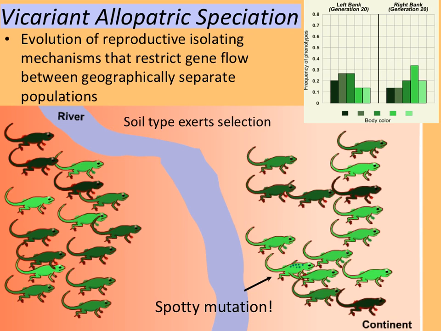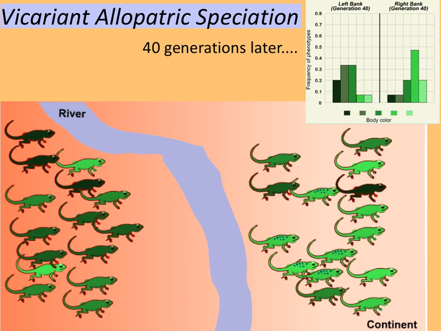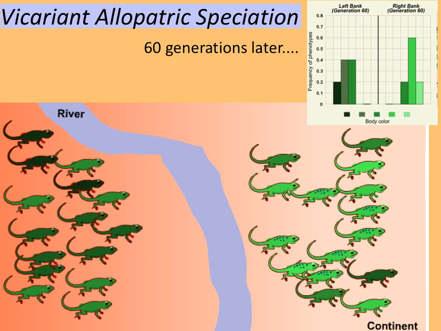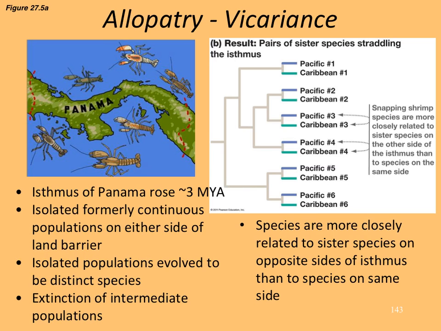And these spotties actually are even better at hiding in the background than the others. And so they're going to start proliferating, and the percentage of each morph starts to change within the population. This is 40 generations later. There's more spotties, okay? And these proportions are changing as well. And this is an example of allopatry.